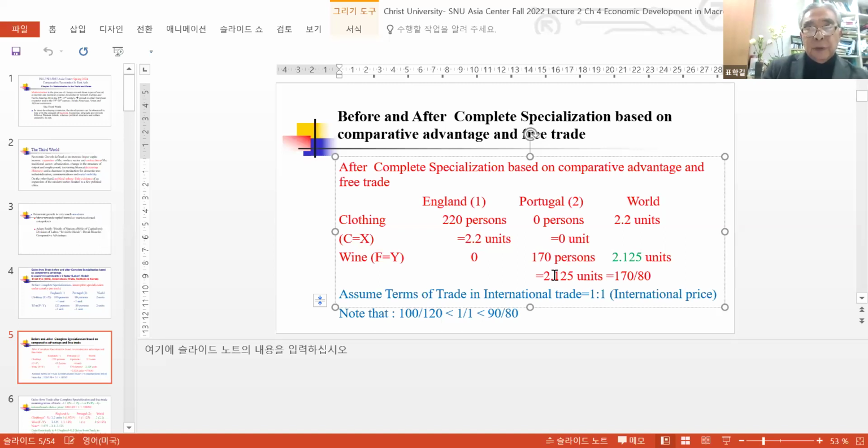So if you carefully compare the welfare of England and Portugal, who gains more?